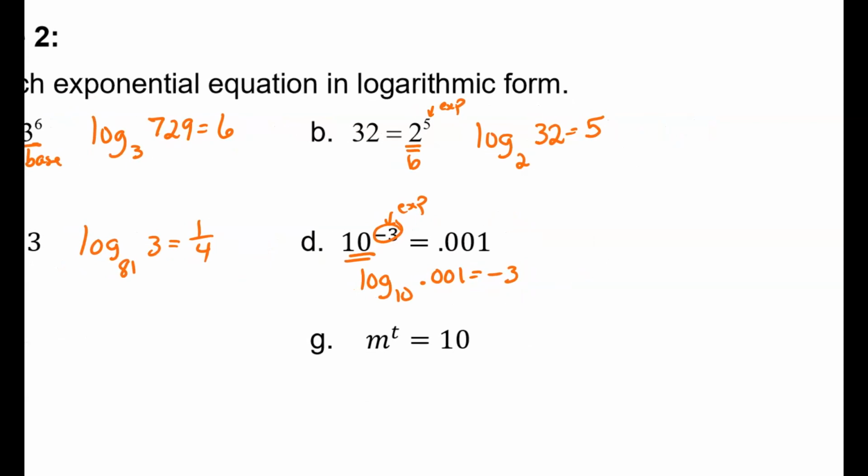Or you could write it without the 10 in the exponent. Or you could go log base 10 of 0.001 equals -3. You could have the 0 in front of the decimal or not. It's kind of up to you.